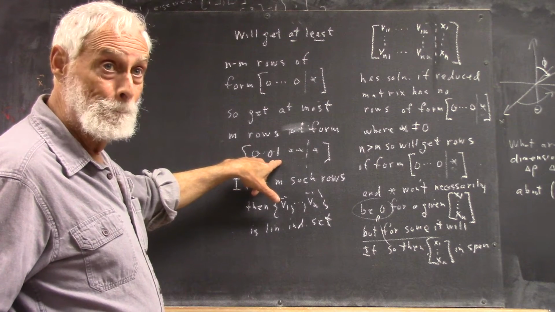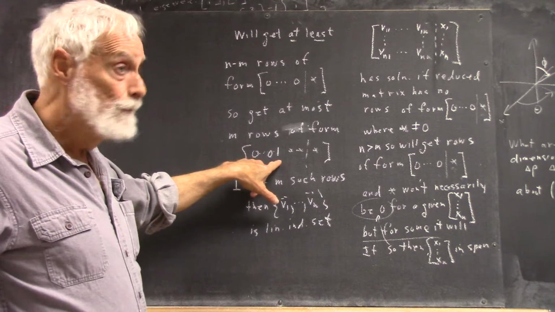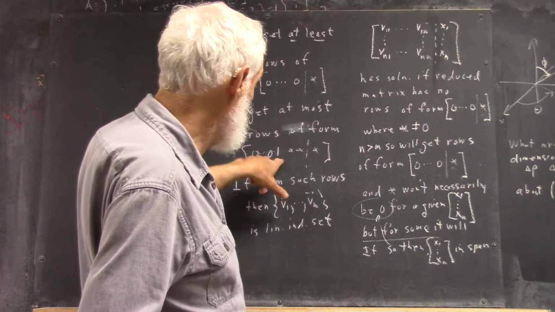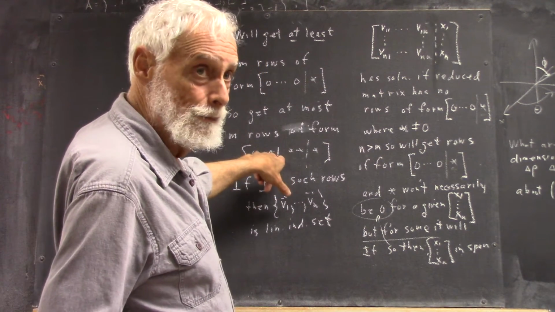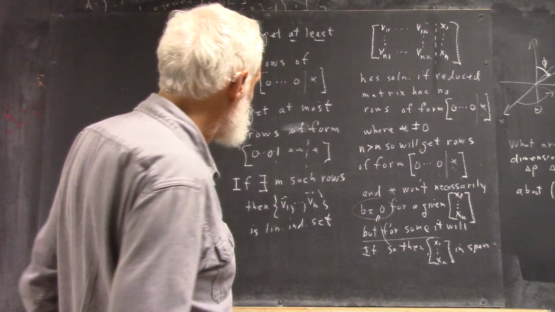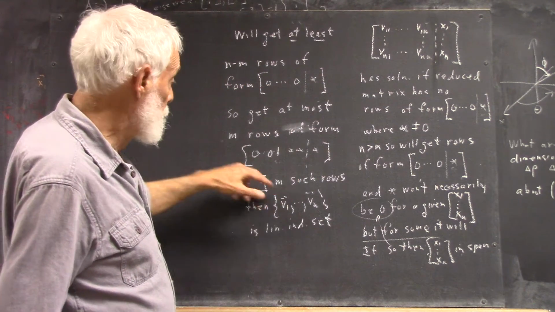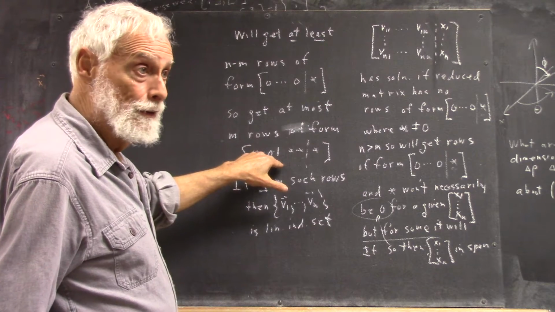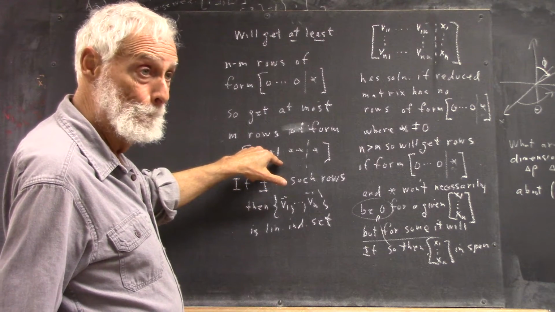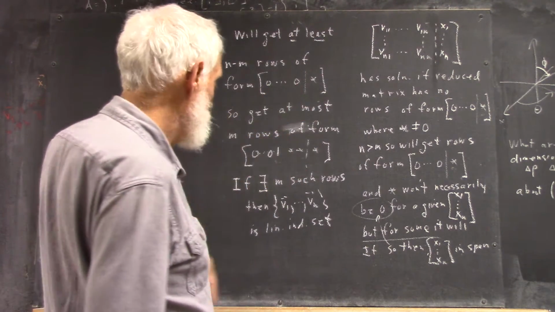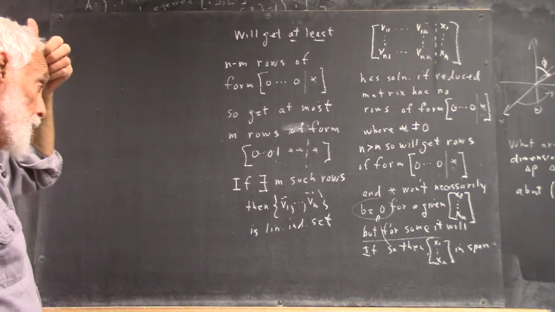There are going to be 3 variables or something. We have a solution for every variable that appears with a 1 here, and then some free variables.